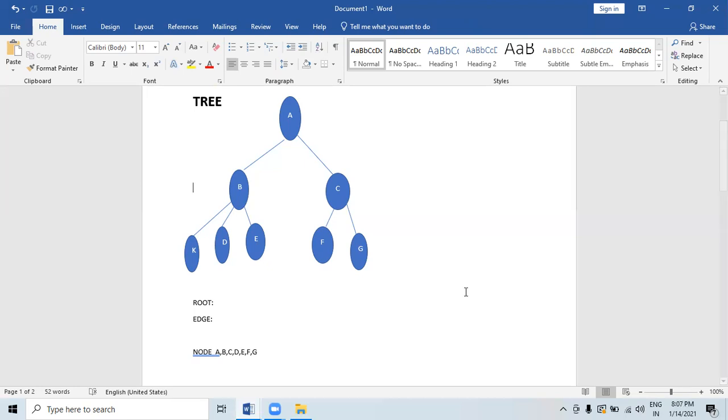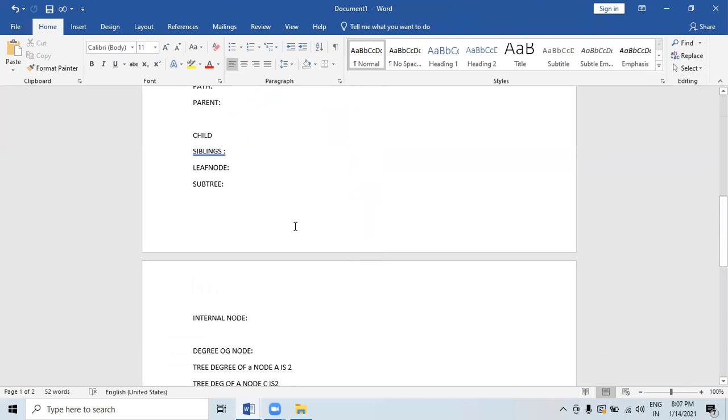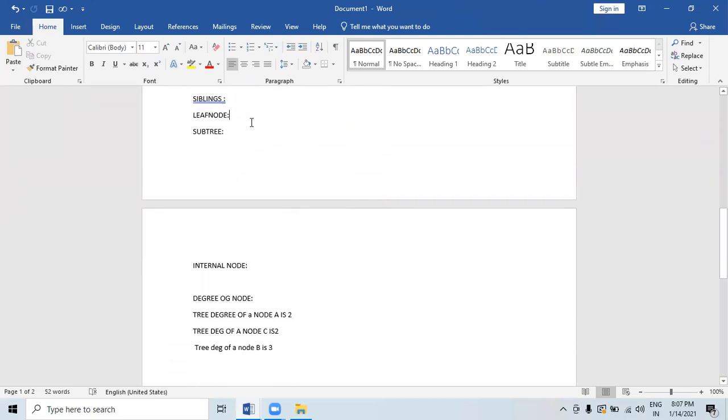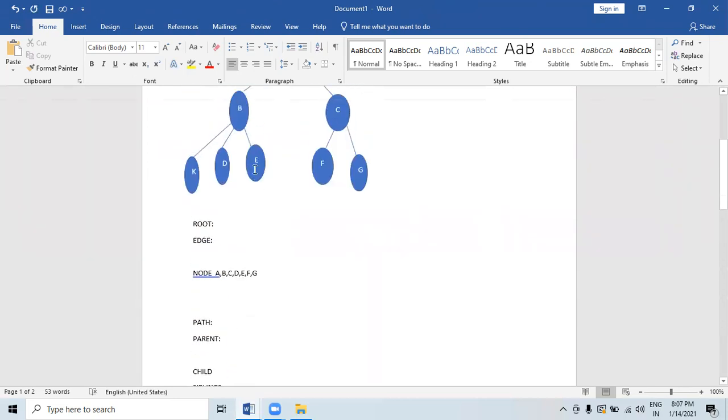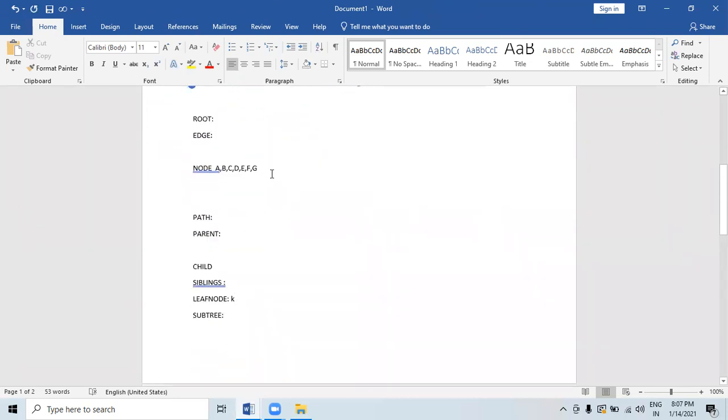So leaf node क्या होगी यहाँ पे? Leaf nodes are K, D, E, F, G.